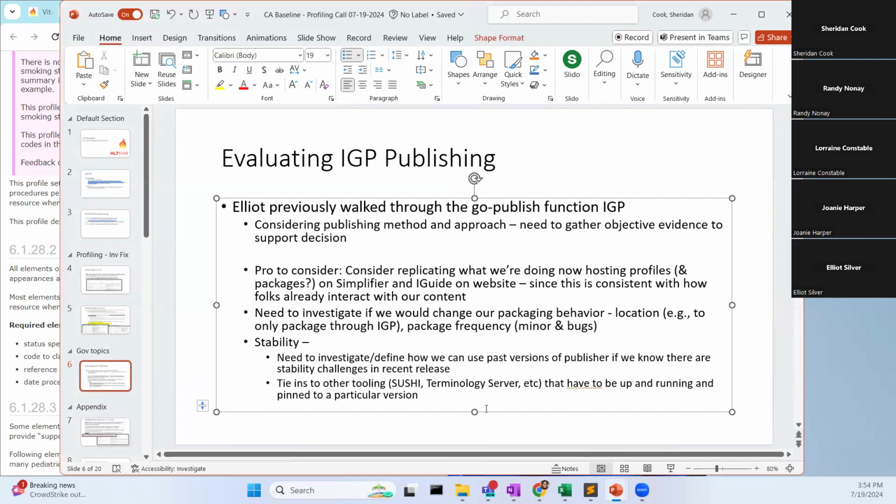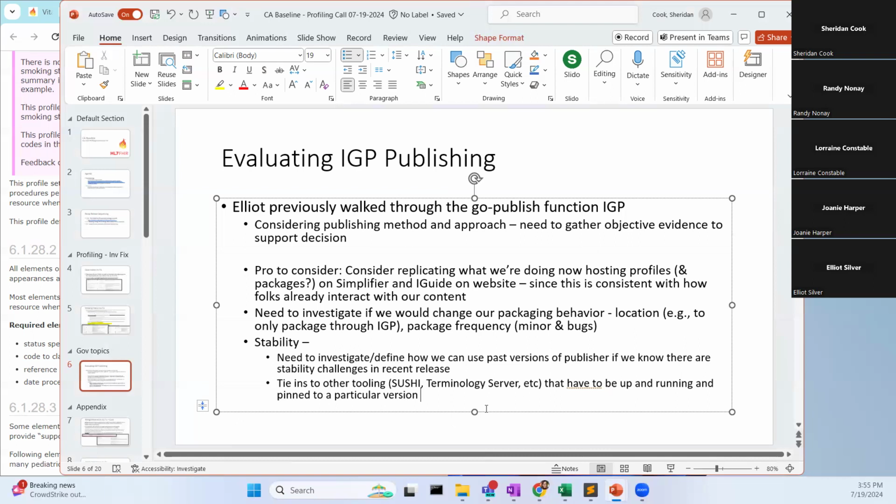But the terminology server reminded me of something that Australia had mentioned. They've worked with Graham so that when they go to publish through GoPublish, they have their Australian terminology server, but the actual pointer has to feed into something in the background of THO or the publishing suite that they don't have the same degree of control over.